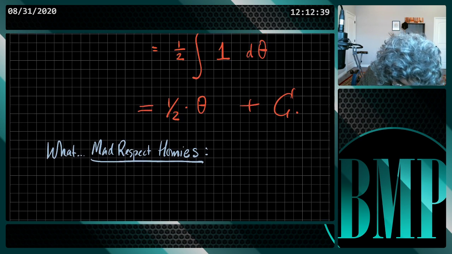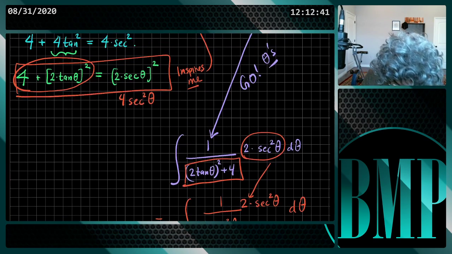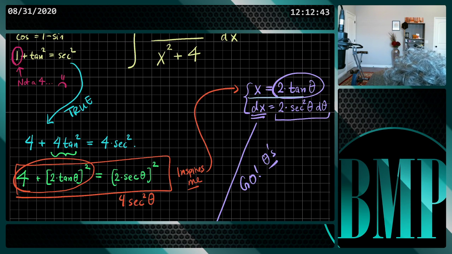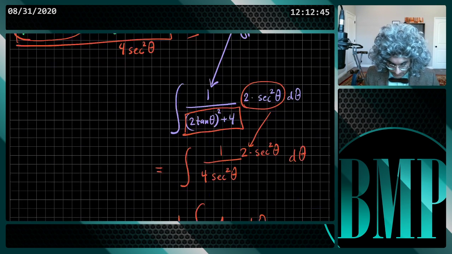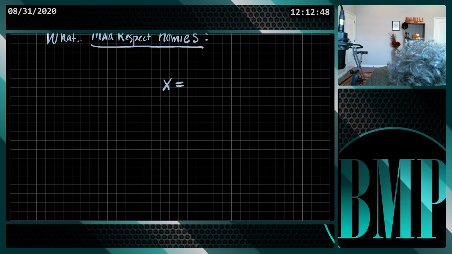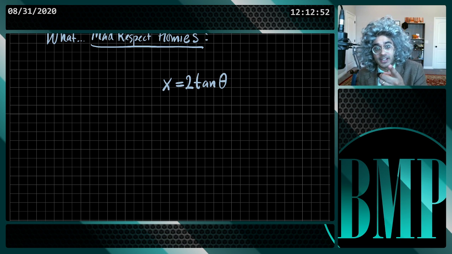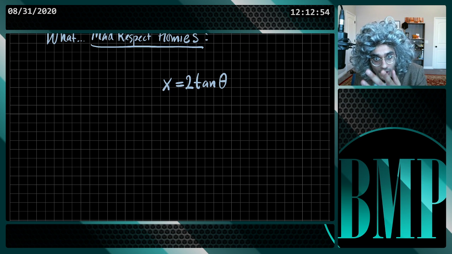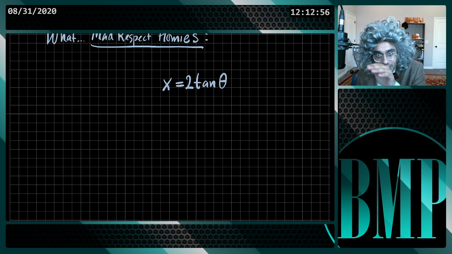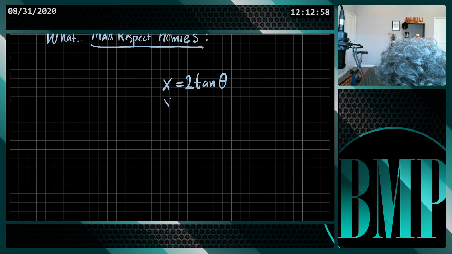Theta. Get it back into x territory. Go back to where it came from. x equals 2 times tan theta. Now you gotta solve for theta out of this. So you divide out by the 2: x over 2 equals tan theta.